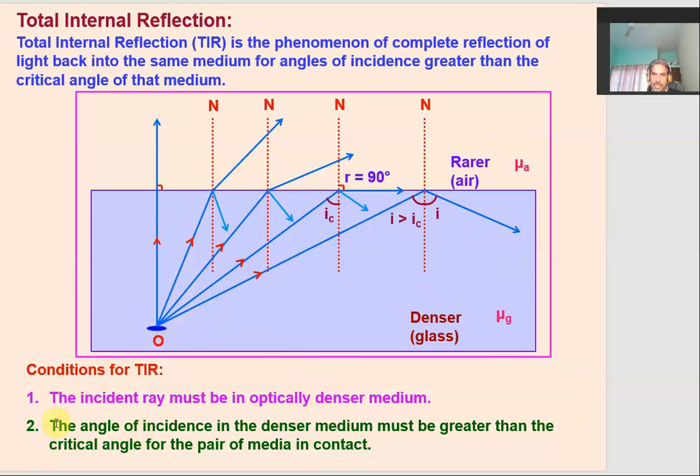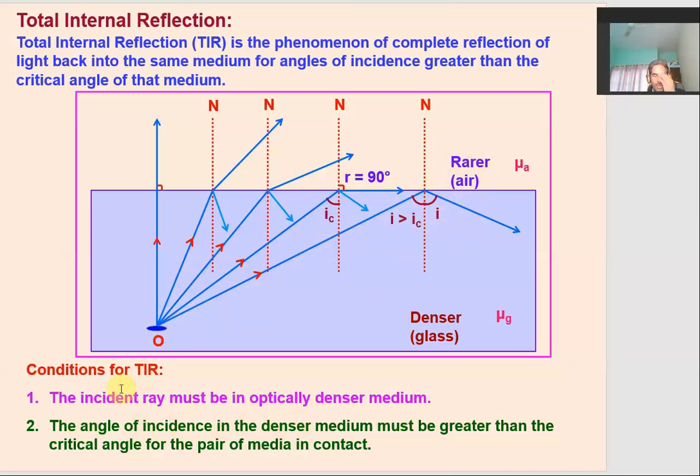The second condition, which must be followed together with the first, is that the angle of incidence for the light ray in the denser medium should be more than the critical angle, right? This angle will depend upon the pair of media we are using.